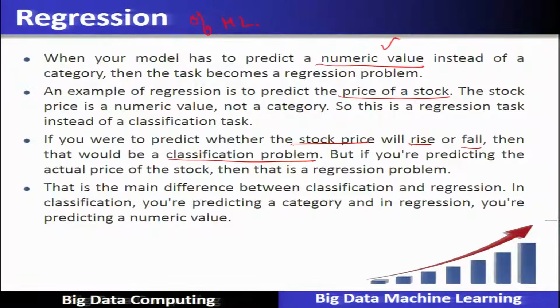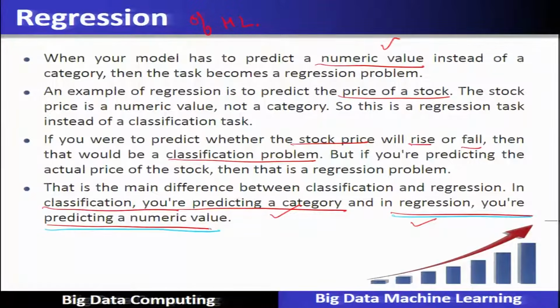That is the main difference between classification and regression. In classification you are predicting a category, and in regression you are predicting a numeric value.